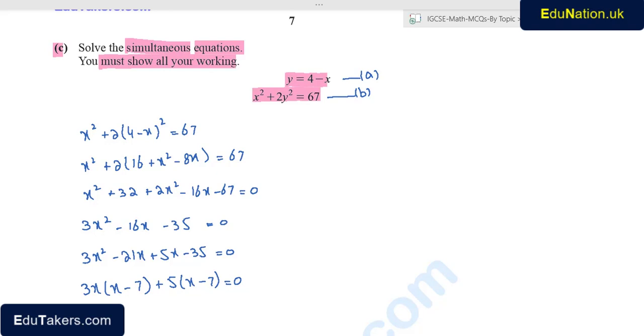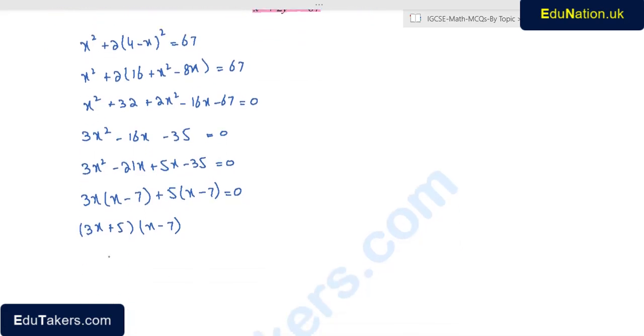Now (3x plus 5) into (x minus 7). From this either equals 0. So from this either 3x plus 5 is 0 or x minus 7 is 0. And from this x is minus 5 over 3 and from this x is 7.